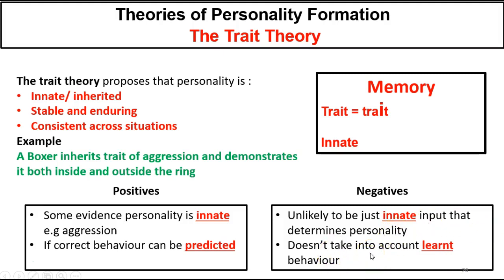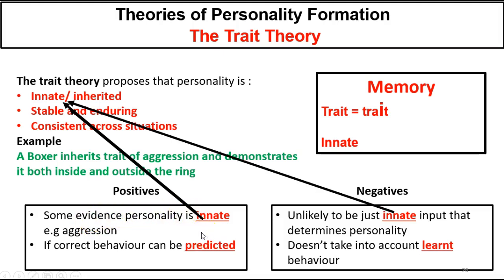Now, what do we need to make sure we're aware of when we are evaluating? I think it's this. When you're evaluating, you need to understand that innate or inherited personality is what the trait theory proposes. When you're evaluating it, you just have to say there is some evidence, not being too committal, that personality is innate.